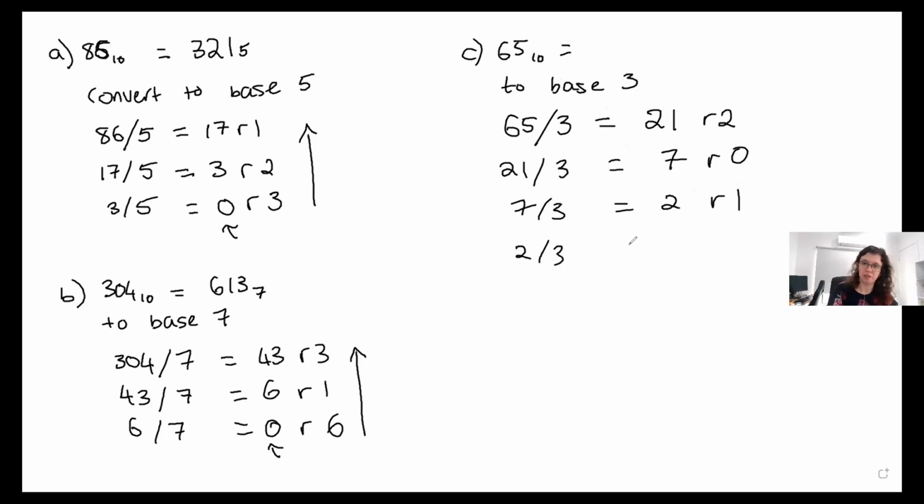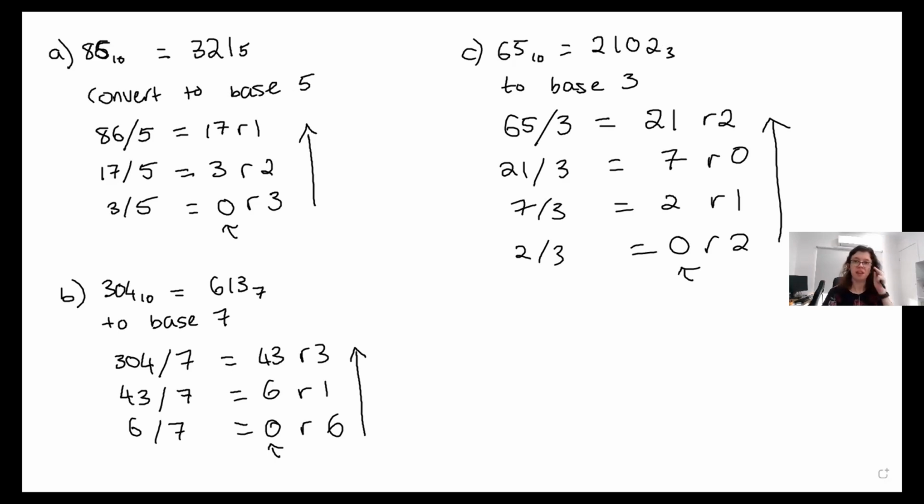And 2 divided by 3 is going to be 0 remainder 2. 0 there, so that's where we stop. Read up, and we get 2102 with a base of 3. So again, just the same sort of process, divide by the base and keep track of the remainders and then read the remainders bottom to top to get the final answer.